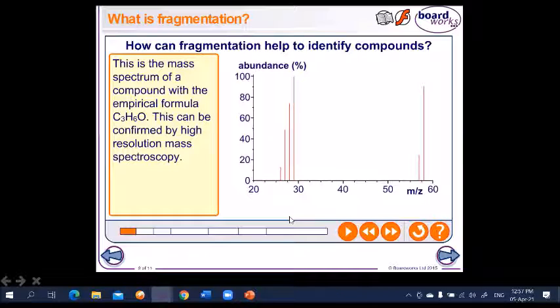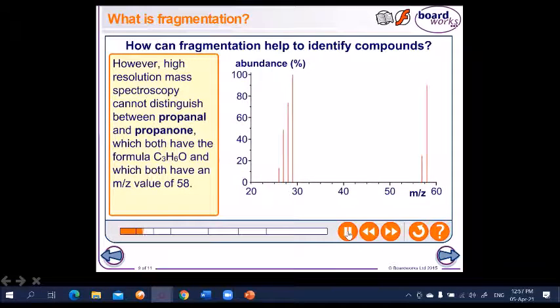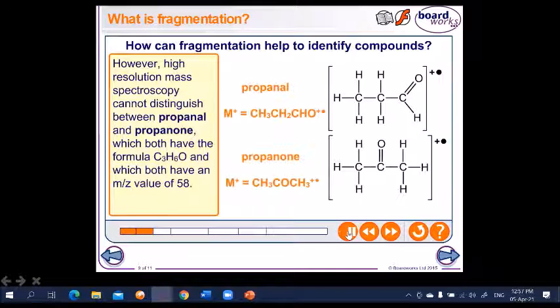This can be confirmed by high resolution mass spectroscopy. However, high resolution mass spectroscopy cannot distinguish between, let's say, propanol and propanone, which both have the formula C3H6O and which both have an M mass to charge ratio value of 58.